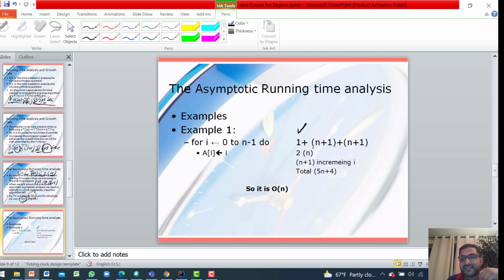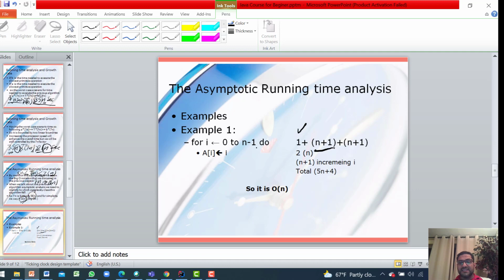And how many times am I incrementing? Sorry, how many times am I doing this operation? n minus 1, basically, because here I'm doing two things: the subtraction process plus the comparison process.